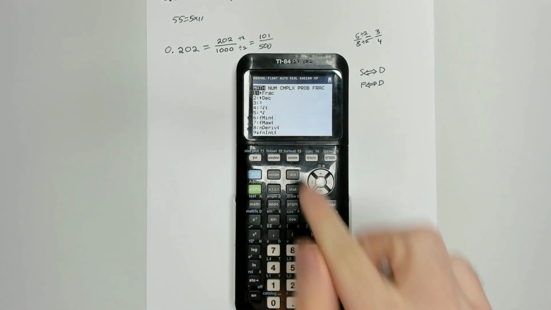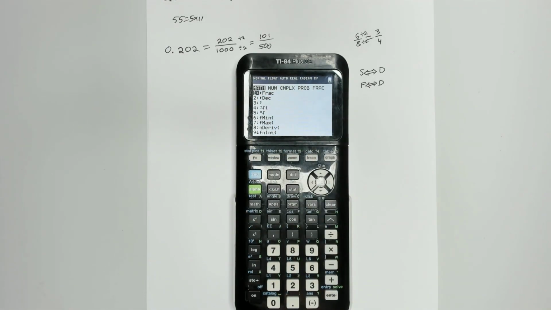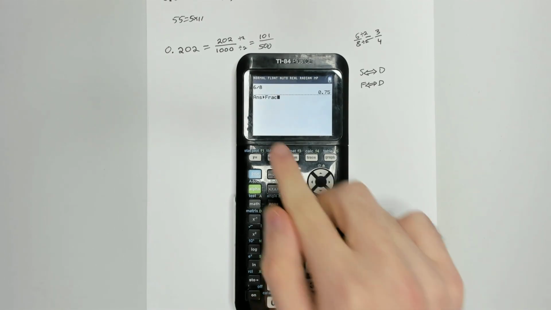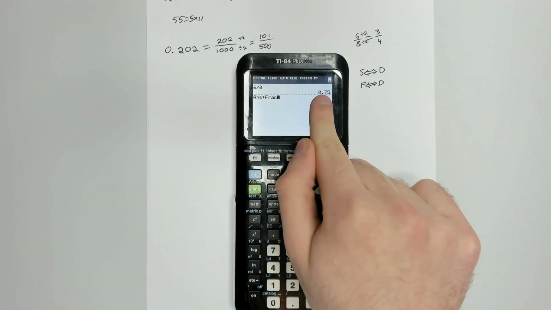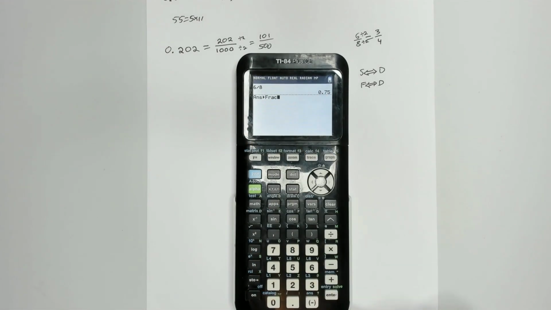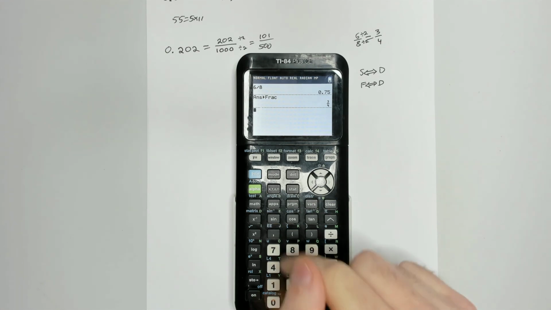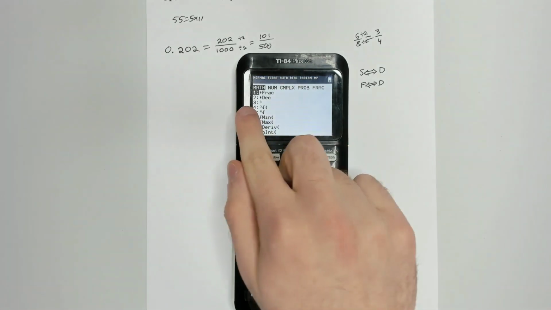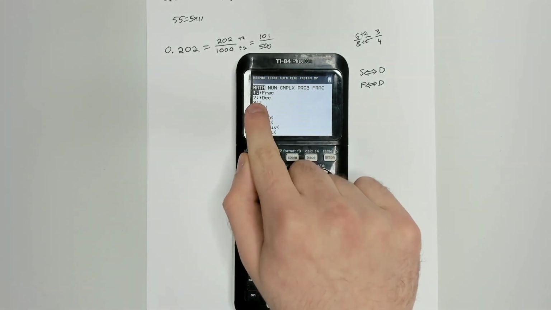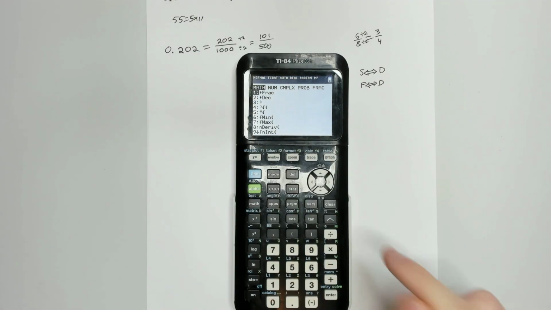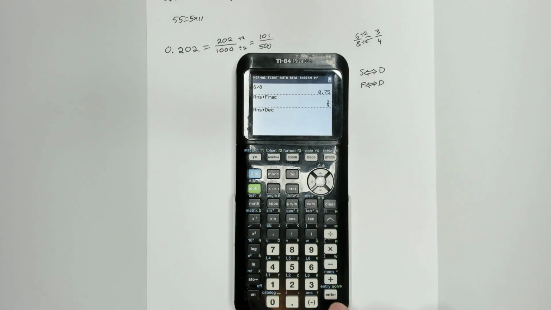So that 2 frac means it's going to convert it to a fraction, so I just press 1. So it's going to take my answer, the 0.75, and convert it into a fraction. See, and it gives me 3/4, just like the other calculator did. And if I want to convert that back into a decimal, I'll press math, and then you see the second one there, it says 2 dec, or 2 decimal. So if I press 2, because there's a 2 beside it, that'll make it go to the decimal. Then I press enter, and it puts it back to 0.75.